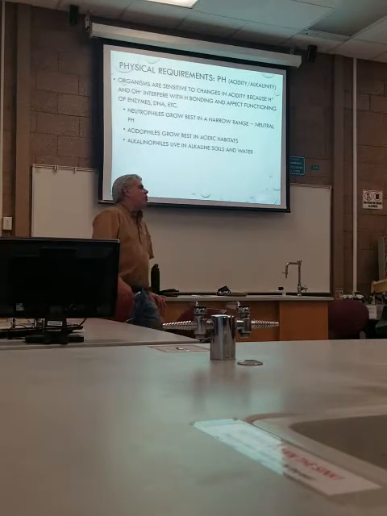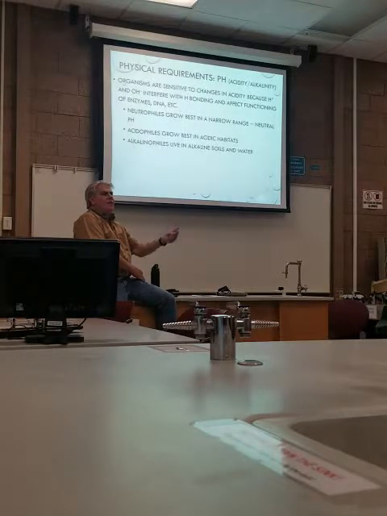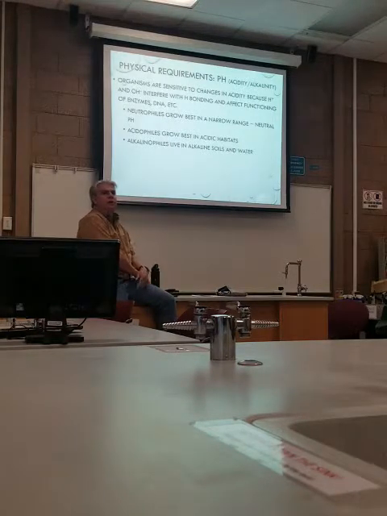If an organism were to grow on you, would it be a neutrophile, an acidophile, or an alkaliphile? Growing in and on you, what's to grow in and on you? What's your pH up there? 7.3, right?